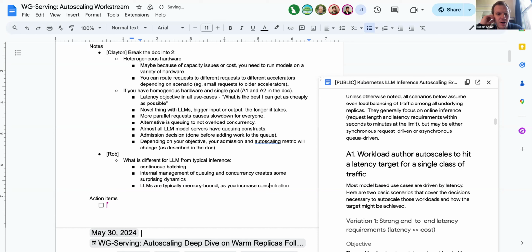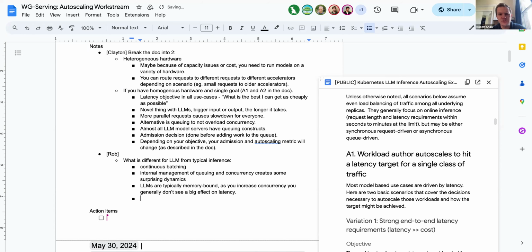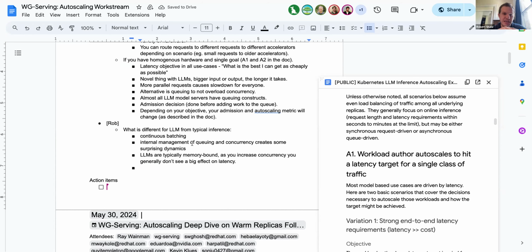But all of a sudden, you can hit critical points where, as the request rate goes up, you start spending too much time processing the prompts, and this causes the whole system to unwind. So at the lower levels of concurrency, you're able to handle more and more requests, and then all of a sudden you hit this critical threshold where too much time is being spent processing the prompts and it can't get batched together.